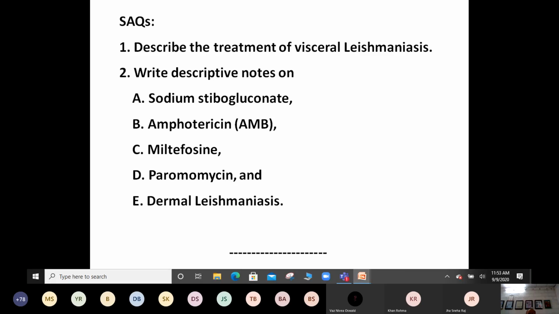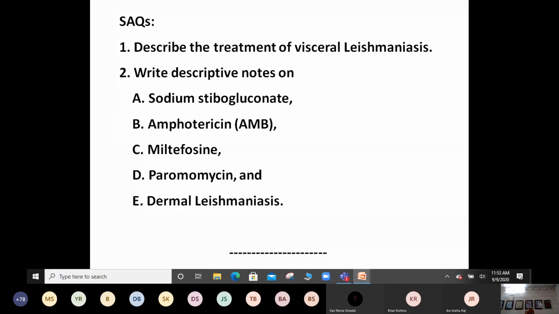Then coming to the disease, dermal leishmaniasis, in 3 or 4 lines, you have to say what is dermal leishmaniasis, what is the nature of the ulcer, their site, their appearance, etc. Then which drugs can be given. As I said, for few sores, topical application of paromomycin twice a day for 10 days.